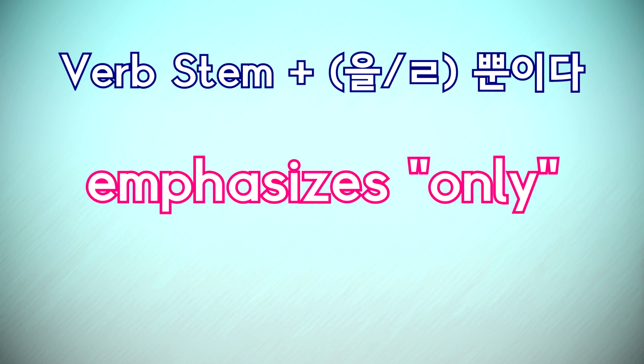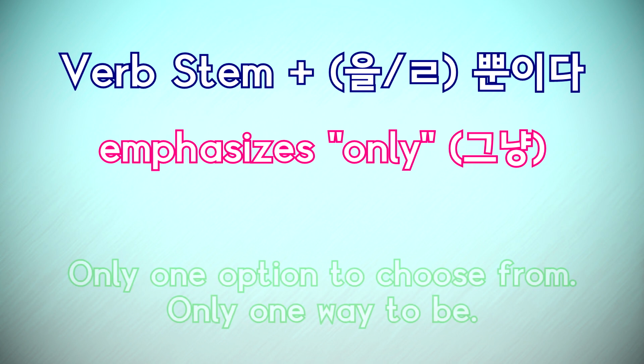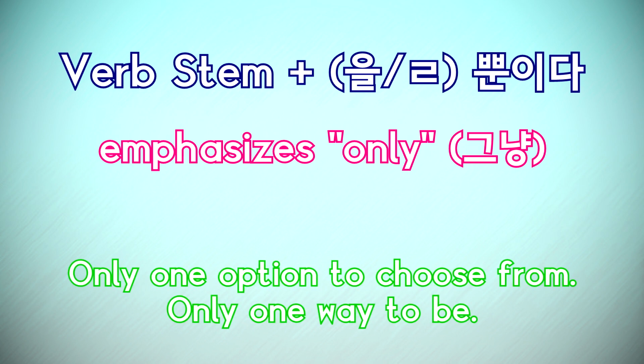This form is also used to add more emphasis to the meaning of only in the sentence. And you can think of this meaning as similar to the feeling of the adverb 그냥, meaning just or only. By using this form, the speaker is saying that there's only one option to choose from if you're using an action verb, or the speaker's saying that there's only one way to be if you're using a descriptive verb.